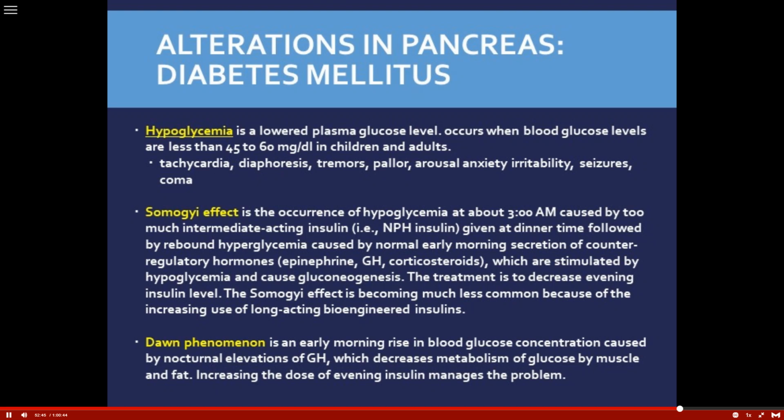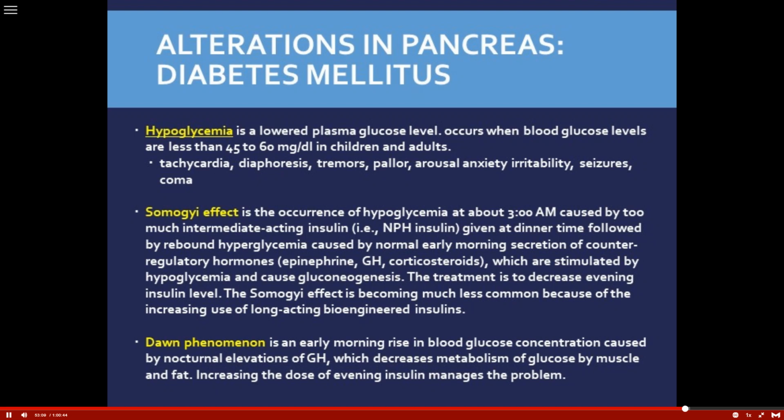So what does the body do? Oh my gosh, we need glucose. Those counter-regulatory hormones, epinephrine, cortisol, growth hormone, start pumping out glucose. So by the time the patient wakes up in the morning and takes their blood glucose, what do you think happens? Very high. So this is really caused by too much insulin.